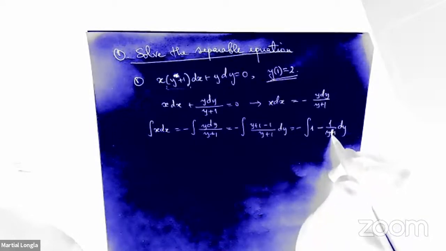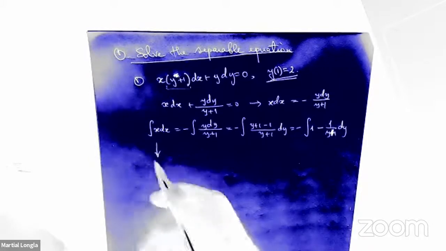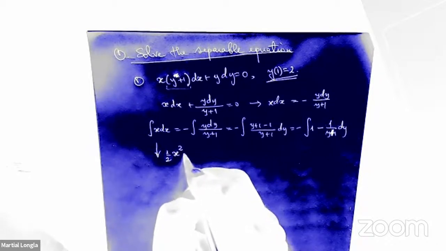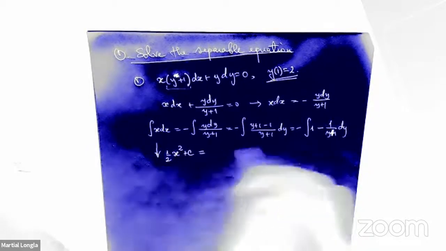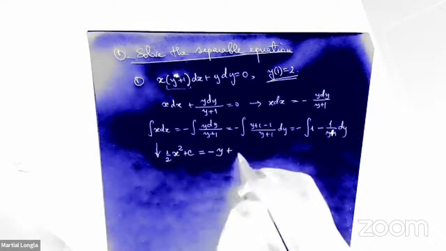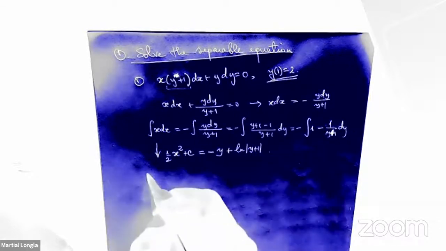This is called partial fractions and integration. This first integral gives you 1/2 x squared plus a constant, equals the other one, which gives you minus y plus natural log of the absolute value of y plus 1. That's it.